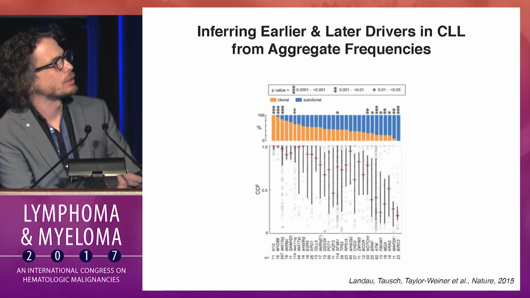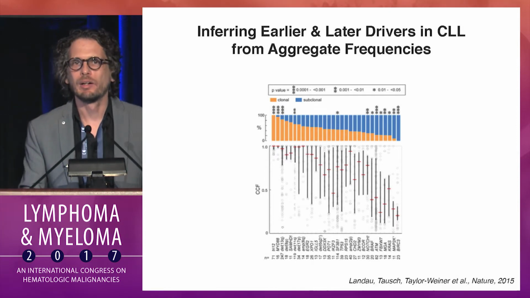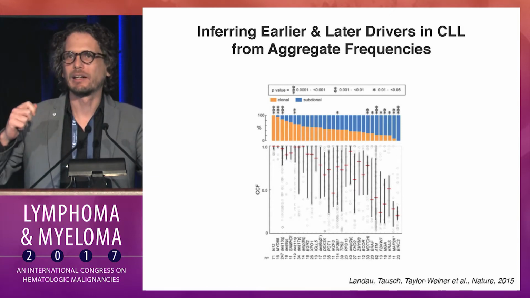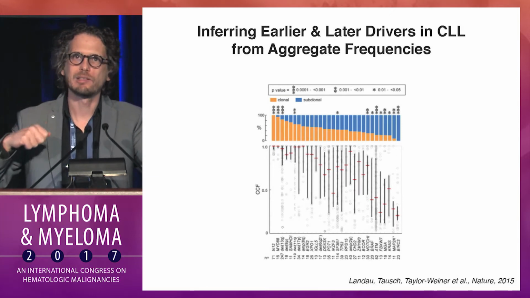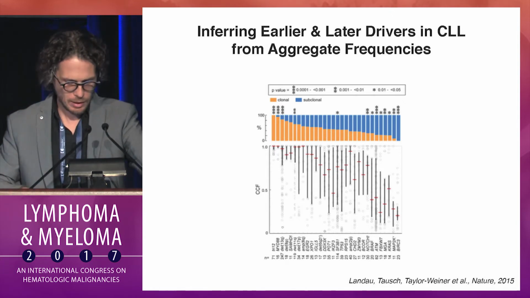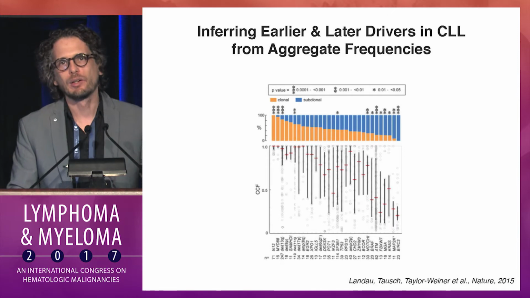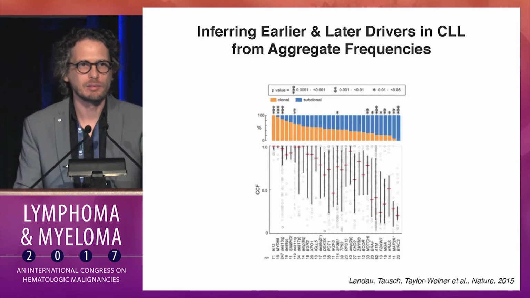Those are the ones that you see here on the left. Those are mutations that are probably ancestral, very early. They're transforming mutations. They happen early in the disease, whereas the ones that are often seen here late are those that are acquired late in disease evolution.